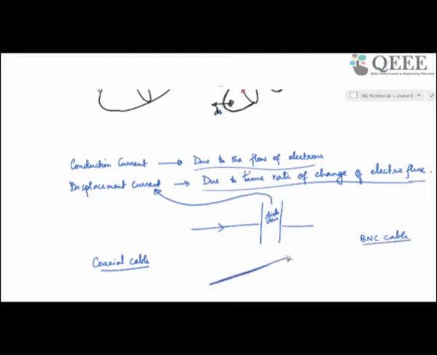The cable will have a thick wire, and it will have white dielectric around it, and on top of that another conducting layer around it.